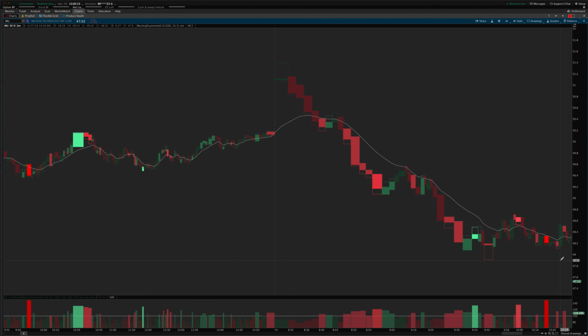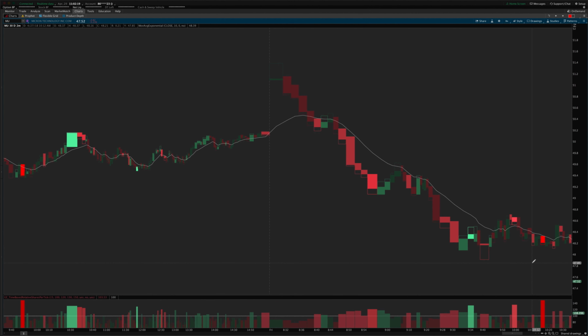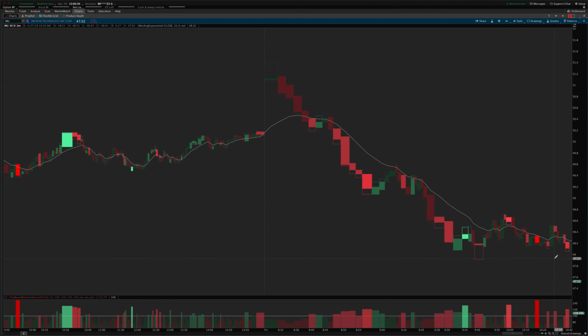So let's see what else we've got. Now again, at this point the range has just kind of expanded, and so again, this is just in the middle of a range. This is a valid entry if it isn't a trend, but right now we're kind of just in this sideways range on low volume. So we have another push below.